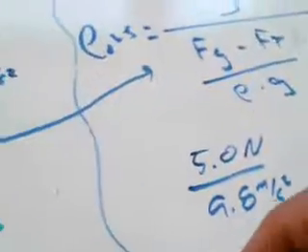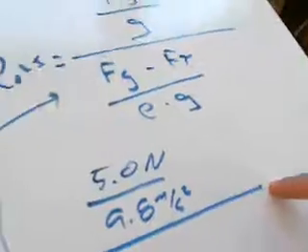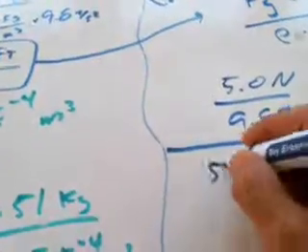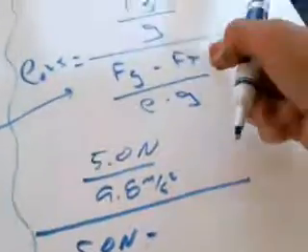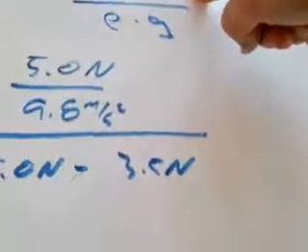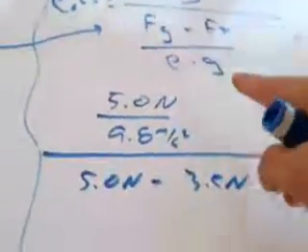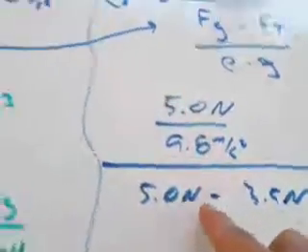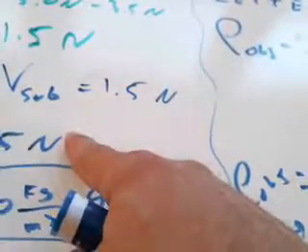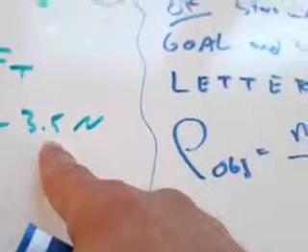So there's the numerator, and there's the main division bar. Now I'm going to take Fg again minus Ft. That Fg is 5.0 newtons. From that I'm going to subtract 3.5 newtons, because that was the tension when it was submerged in water. So there's this same numerator, Fg minus Ft. That's where the 1.5 came from.